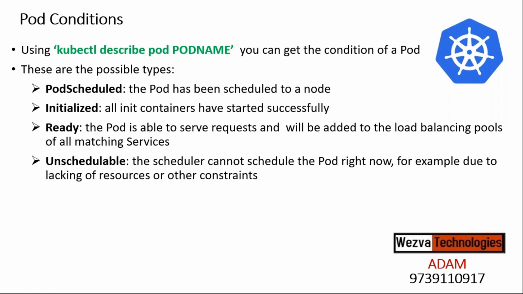After that only, we know that the image will be downloaded and the container will be created, right? So if the condition of the pod is pod scheduled, then it clearly indicates that the pod has been assigned to a machine and thereafter the container creation step is in process. That's where you will know that there was no problem for the pod to get assigned to a machine, or there is no resource crunch.